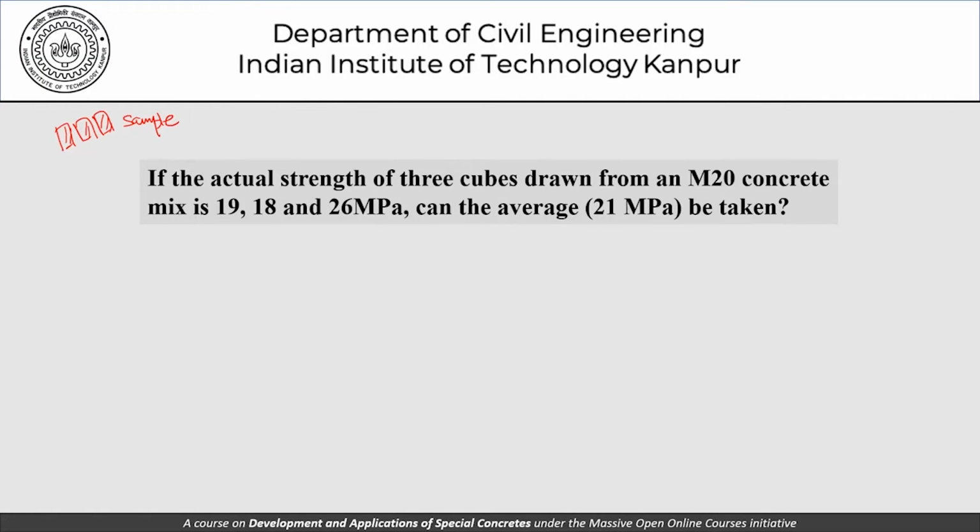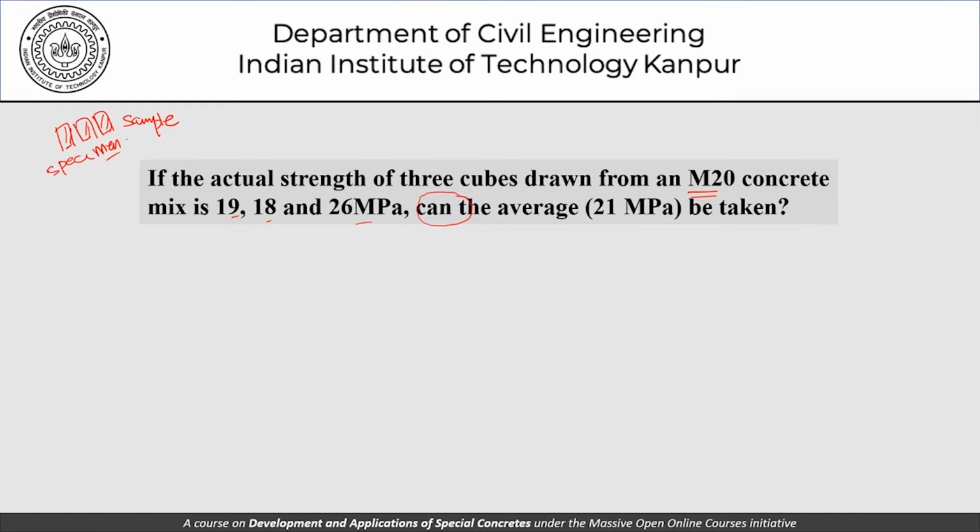Now, if the actual strength of 3 cubes drawn from an M20 concrete is 19, 18 and 26 MPa, can the average of 21 MPa be taken? If you take the average, it will turn out to be 21. Now, in this case, is it fair to take this average? That is what is meant when I ask whether the average can be taken.